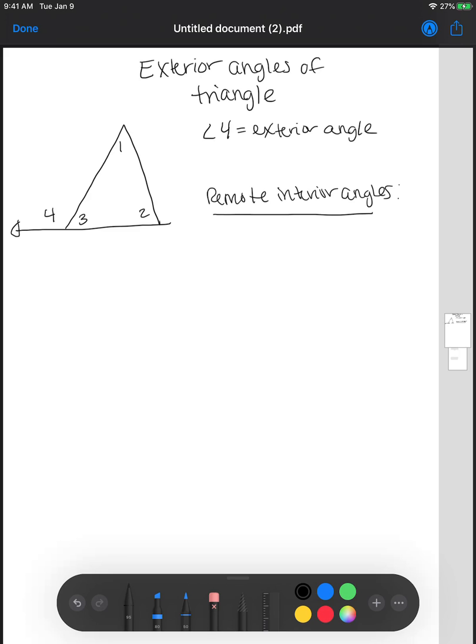Remote interior angles are two angles that are not adjacent or touching the exterior angle.